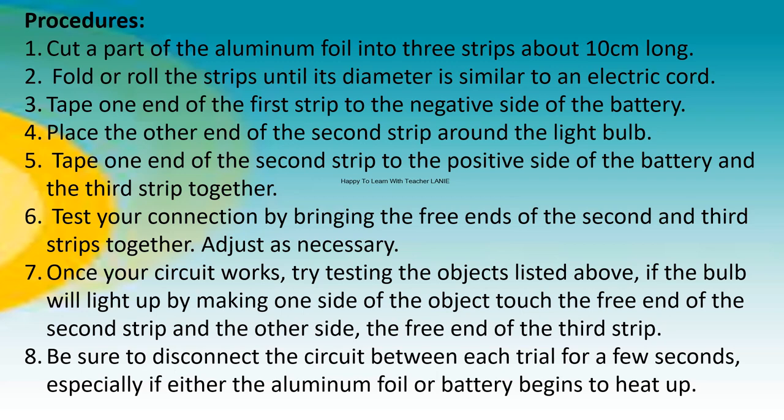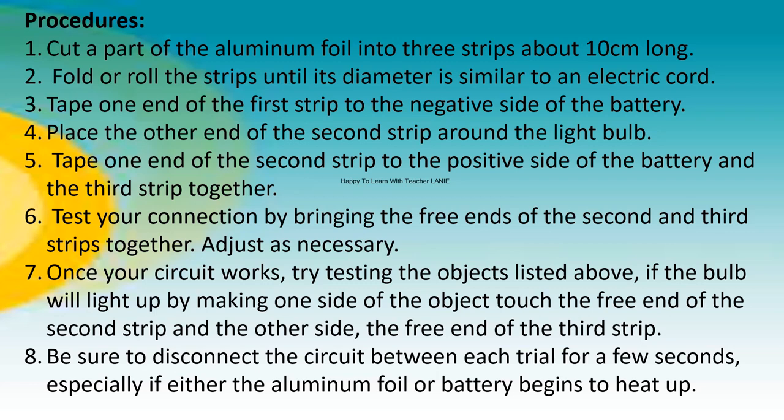6. Test your connection by bringing the free ends of the second and third strips together. Adjust as necessary. 7. Once your circuit works, try testing the objects listed. See if the bulb will light up by making one side of the object touch the free end of the second strip and the other side, the free end of the third strip. 8.